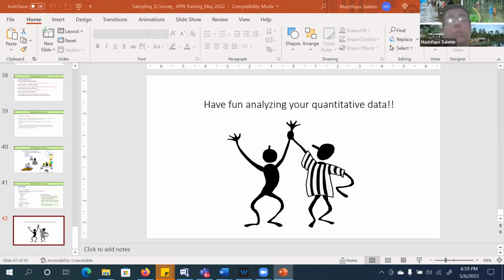So when your enumerators are collecting the data and putting it in your software in a tab, and the data gets immediately transferred to you, you can check your data, and if anything goes wrong, you can readily detect it, and you can redo it, or take care of that, and you can transfer those data in a very useful, friendly format to either SPSS or Stata for your subsequent analysis.